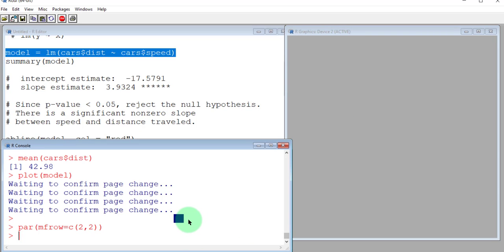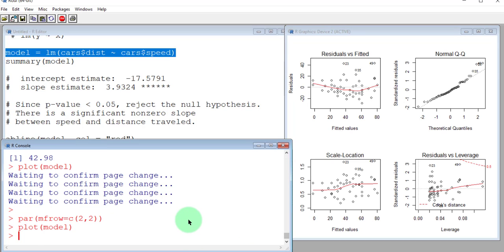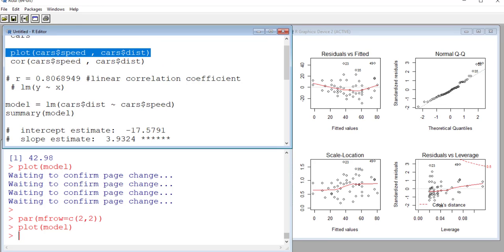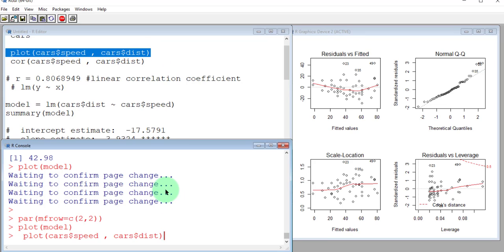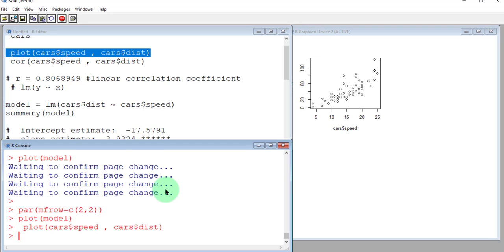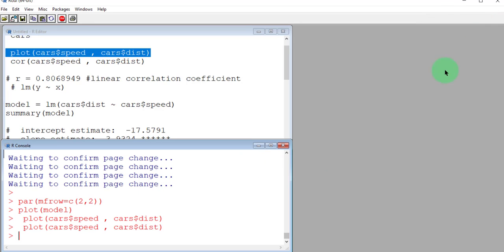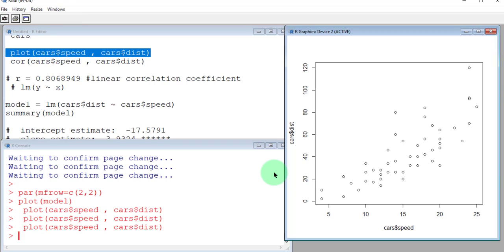But now I can ask to plot the model and it'll put all 4 images in that nice little 4-pack. You do have to be a little bit careful here because now if I plot anything else it's going to plot within that 4-pack, and it's really, really small, right? So if you want to graph again, you have to just close that down and start from scratch, so that way you're not constricted to that 2x2 little zone.